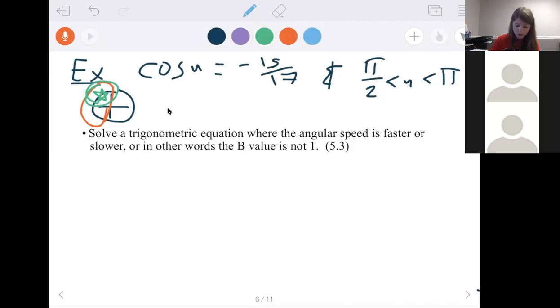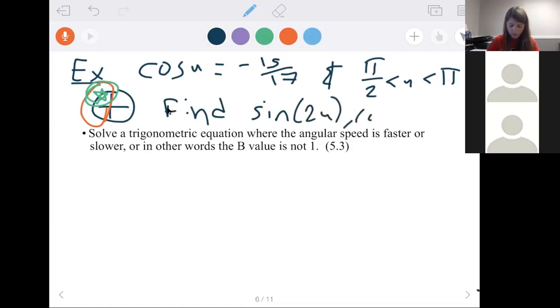What the actual question went on to ask was, find sine of 2u, cosine of 2u, and tangent of 2u. Okay, so I'm just going to focus on sine and cosine. If we have time, we'll get back to tangent. But it was basically not just the singles, but the doubles.